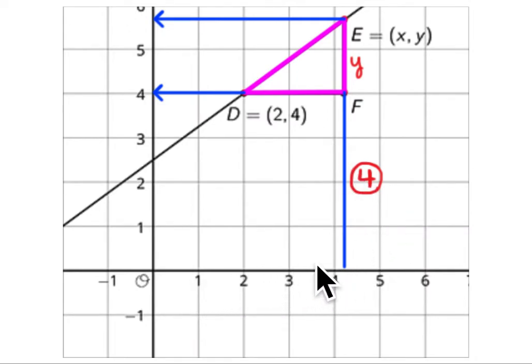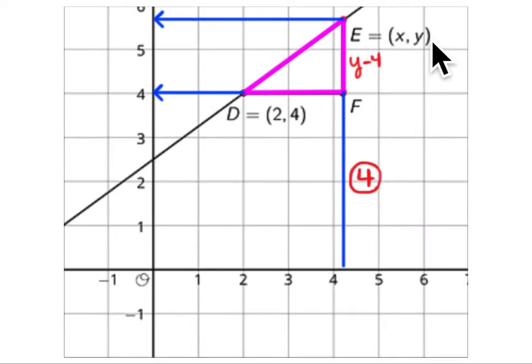So it's going up 4 units along the vertical length, and imagine that you have to move this triangle over these 2 units, so this to here, and down 4 units to here. Moving it over 2 units is subtracting these 2 units from this x value, and moving it down 4 units is subtracting these 4 units from this y value.